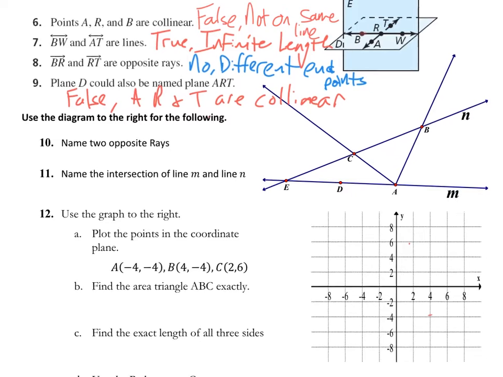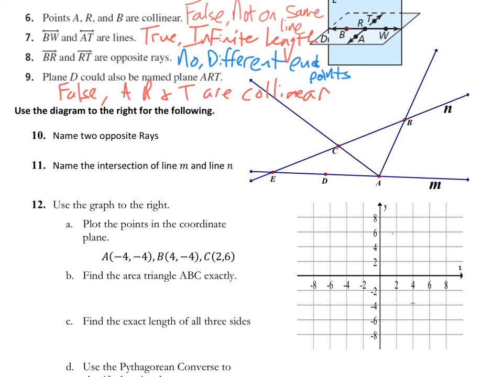Okay. Here in a different drawing, name 2 opposite rays. So now with that idea, we've got to find 2 opposite rays. And there's several ways to do this. We've got CB. So CB is a ray, starts at C and goes through B. And opposite of CB is CE. So those are opposite rays. That would be at C. And then we could also come down here and talk about DA.